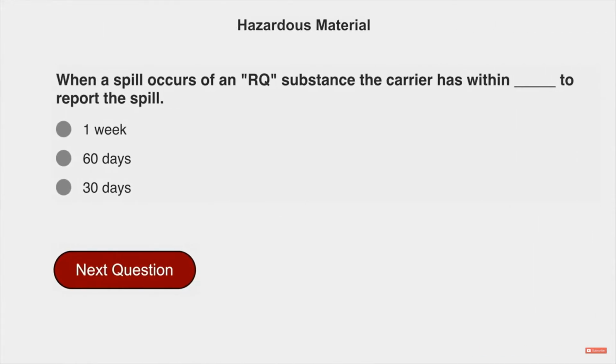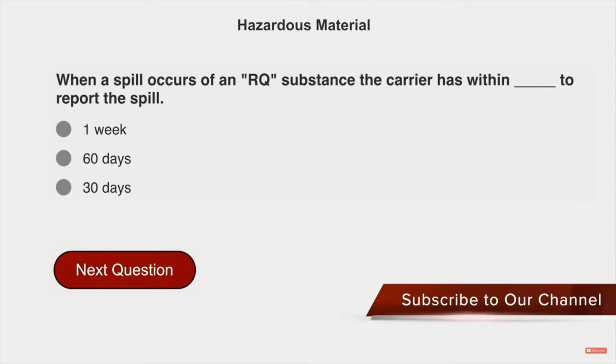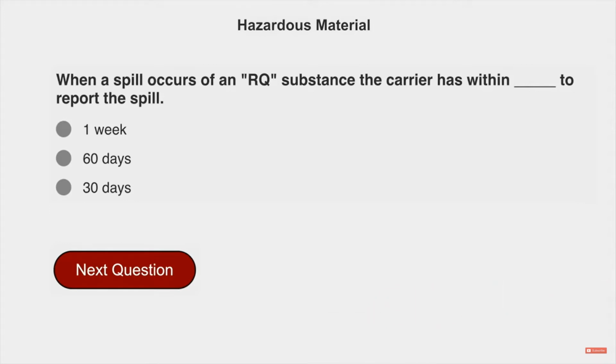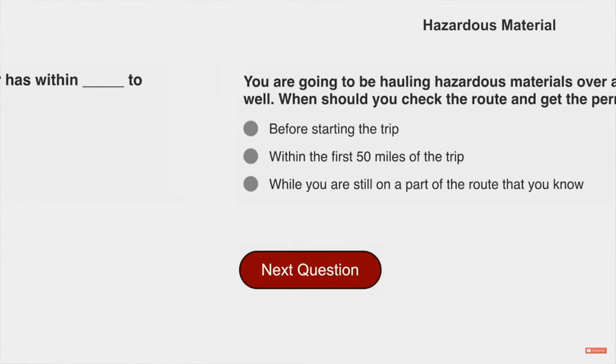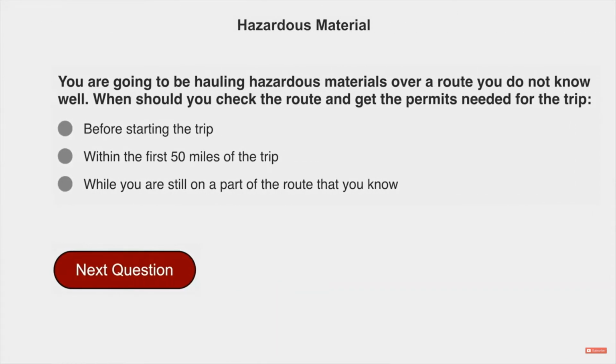When a spill occurs of an RQ substance, the carrier has within to report the spill. 30 days. You're going to be hauling hazardous materials over a route you do not know well. When should you check the route and get the permits needed for the trip?